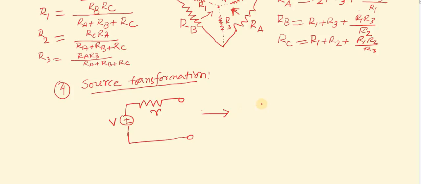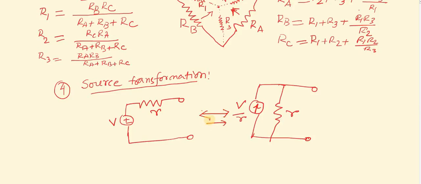Put that voltage source as a current source and put the resistance in parallel with the current source. And what will be the current source value, and what will be the resistance? The resistance value will remain the same, that means R, and the current value will be the voltage divided by the resistance value. That means this current will be V by R.